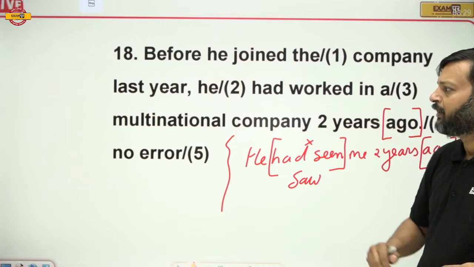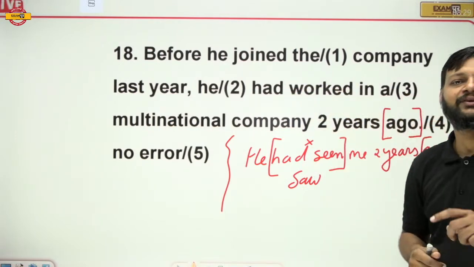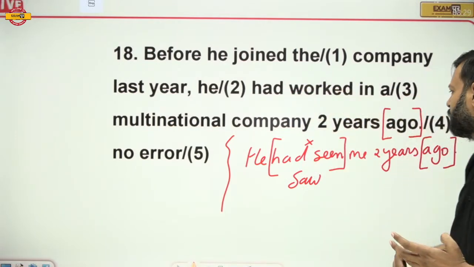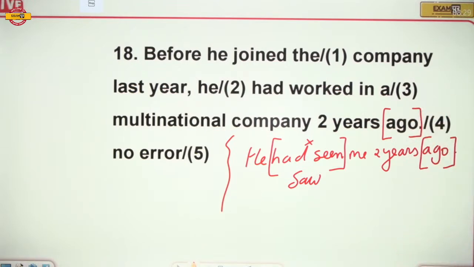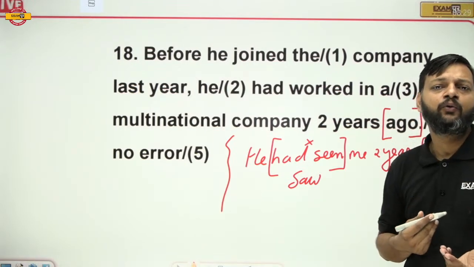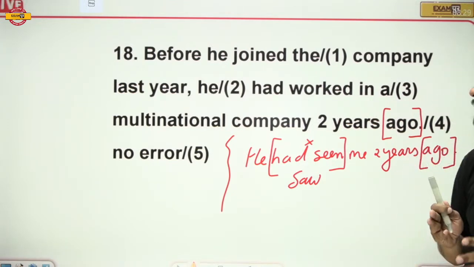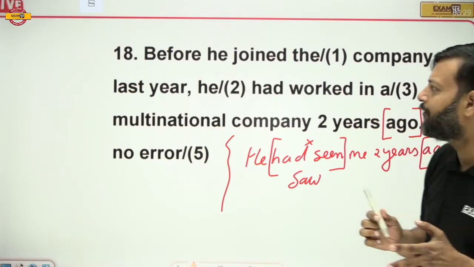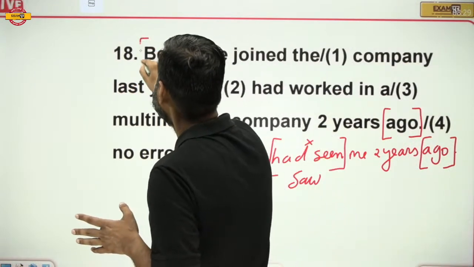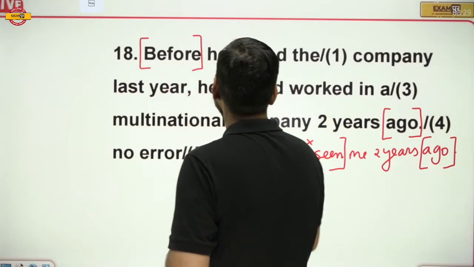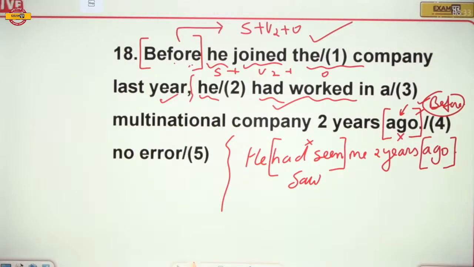But in this question the scene is different. According to ago, we need to change the sentence into past indefinite, but here we have one more word, which is before.